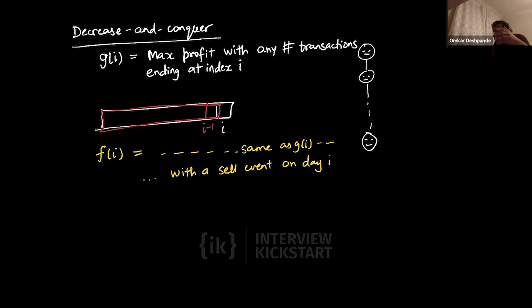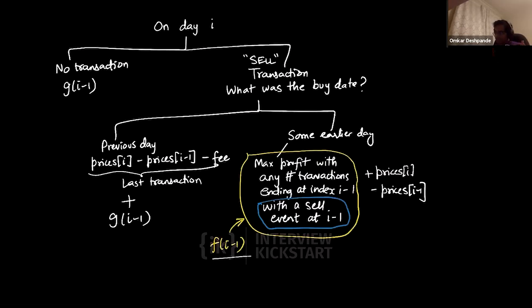So if there is a sell event on day I, the question is, when did the buy happen? Buy could have happened on the previous day, in which case the maximum profit would be this, or the buy could have happened on some earlier day, in which case the best profit would be obtained by extending my subordinate solution instead of starting a new transaction.